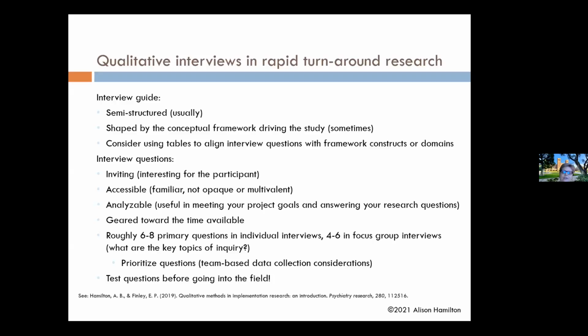Sampling considerations, what I would say in a nutshell about that is that in a more rapid turnaround context, you're probably not going to be able to talk to everyone you would talk to if you weren't trying to do things rapidly.